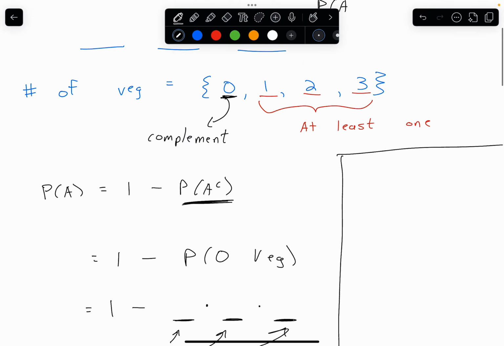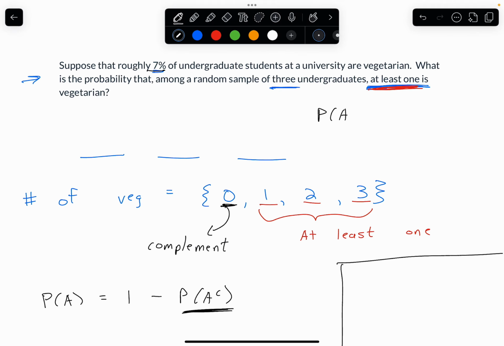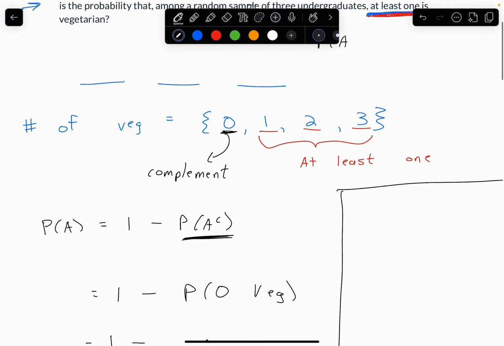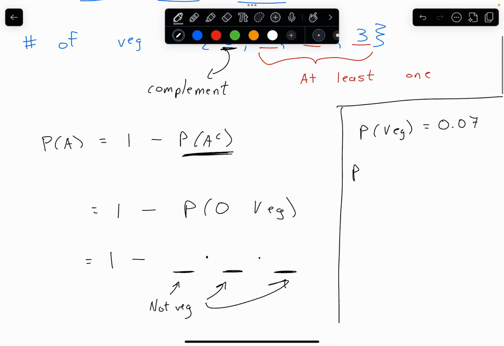If I scroll back up and read this problem, it said 7% are vegetarian. So the probability that they are vegetarian is 7% or 0.07. So the probability that they are not vegetarian, well, look at this. I'm using the complement twice in this problem. The probability that they are not vegetarian would be 1 minus 0.07 to end up with 0.93.